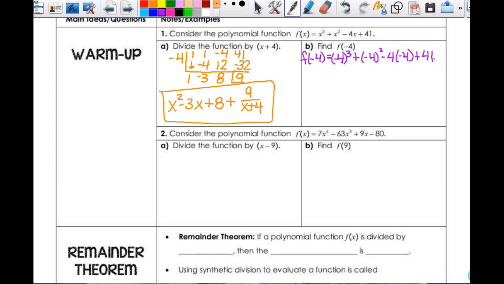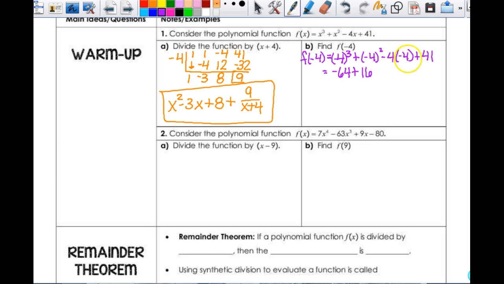Remember, first step is zero work. You just substitute it in because that really minimizes mistakes, and then also it shows your process that you actually substituted it in. All right, so then -4 cubed, so 4 times 4 is 16 times 4 is 64, and so is this positive or negative? Negative. So I got -64 plus -4 squared is 16.